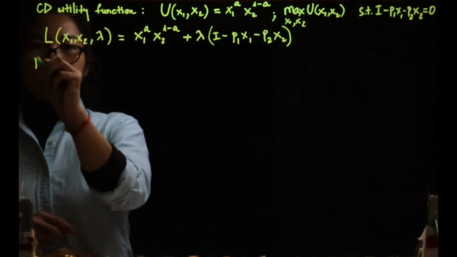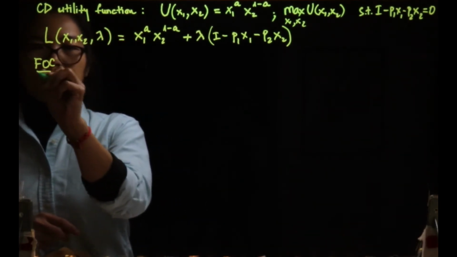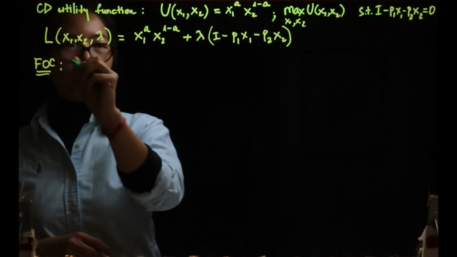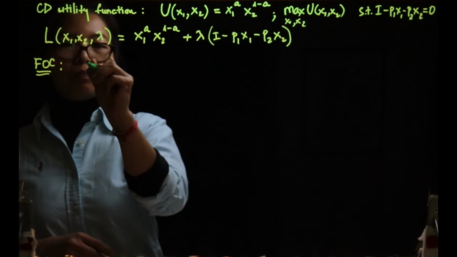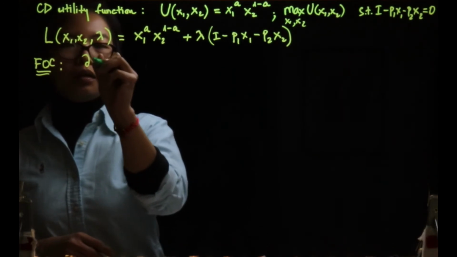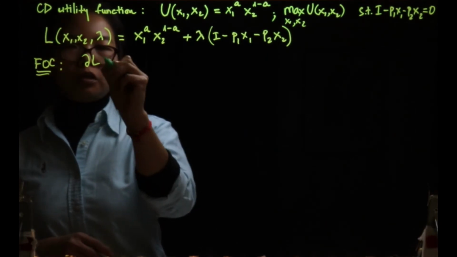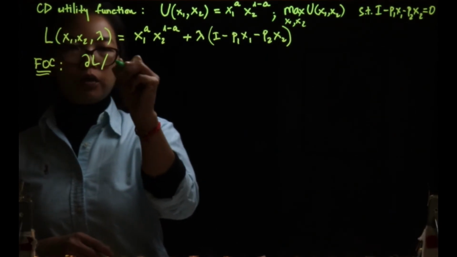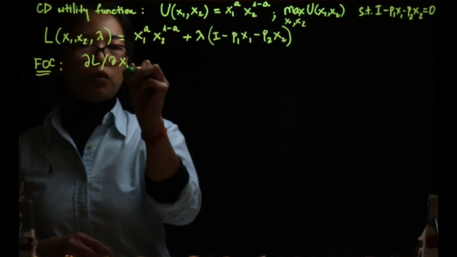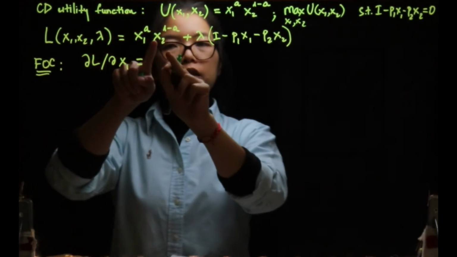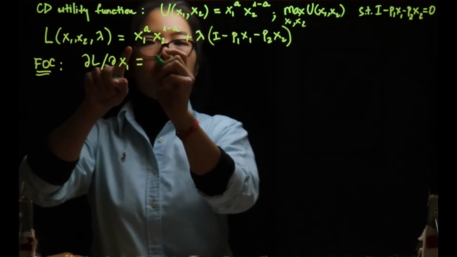First order condition. How do we solve it? Take it slowly. The first one would be the partial derivative of L with respect to x1, equals the derivative of this part first.